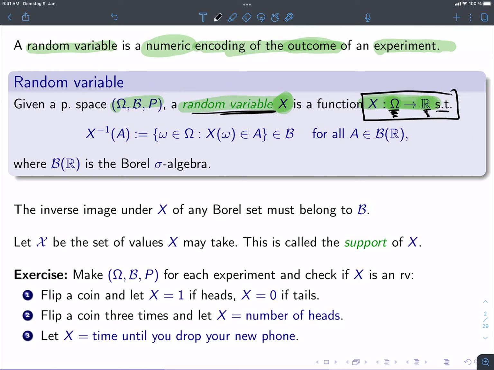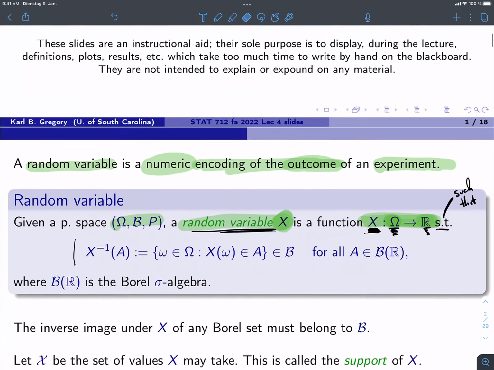This such that, this s.t. means such that, this says the random variable, or this function that we're calling a random variable, has to satisfy a property called measurability, which you'll learn about more when you take 8.10 and 8.11. So this looks at, it defines what we would call the pre-image of a set.